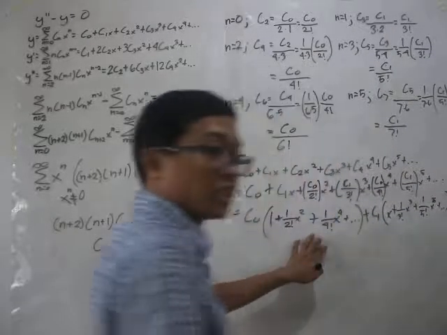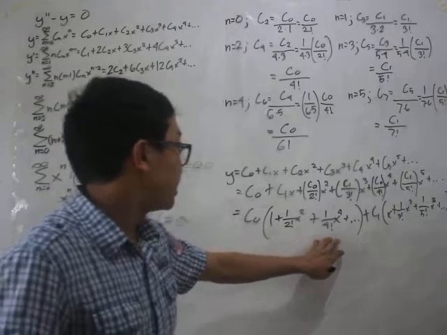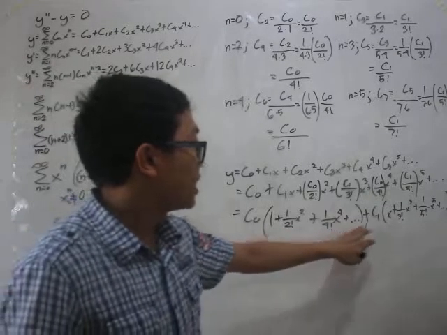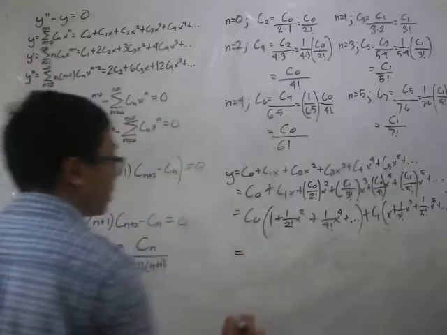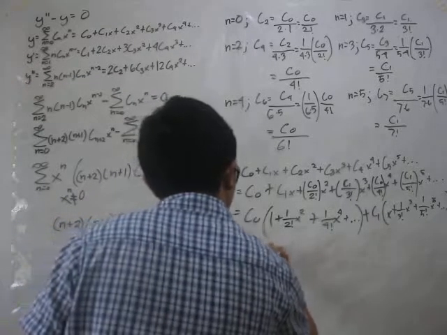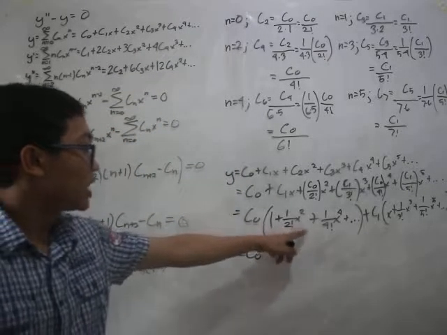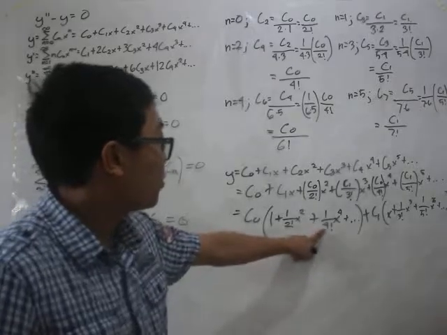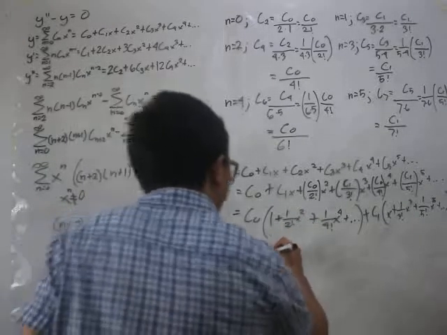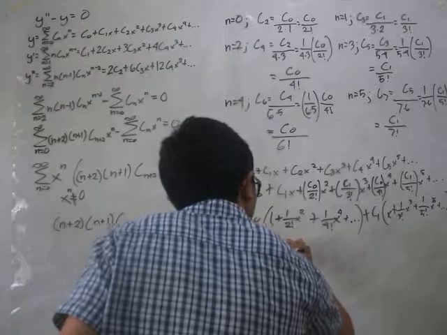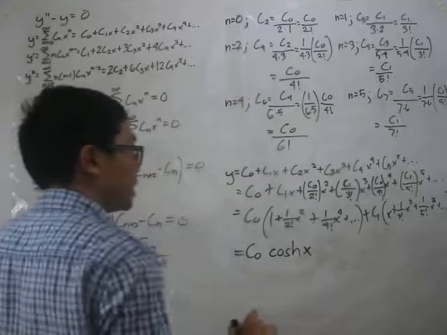With this, as you can observe, if you look at the transcendental table, they have transcendental functions. For c0, 1 plus 1 over 2 factorial times x squared plus 1 over 4 factorial times x to the 4th, and so on, its transcendental function is cosh x.